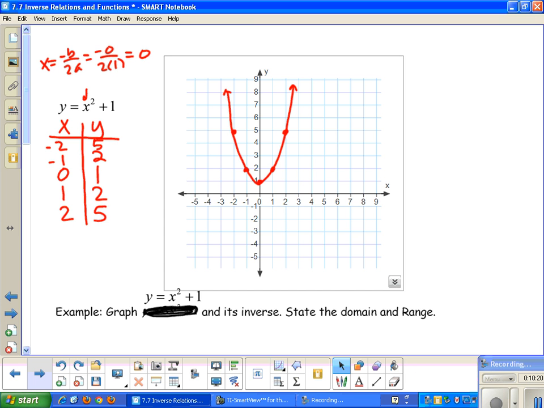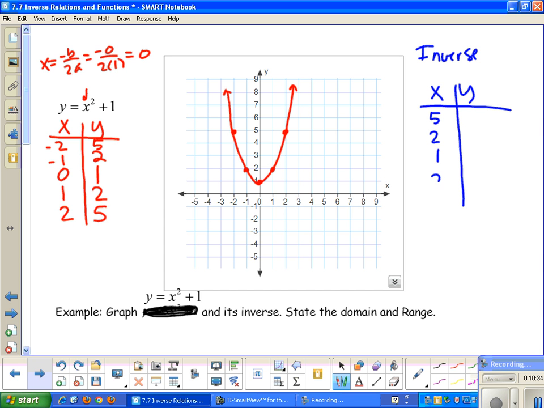So remember, if I want to graph the inverse, I can take the table that I just made and I can switch my x and my y values. So if I switch my x and my y values, I have (5, 2), (2, 1), (5, negative 2), (2, negative 1), and (1, 0).